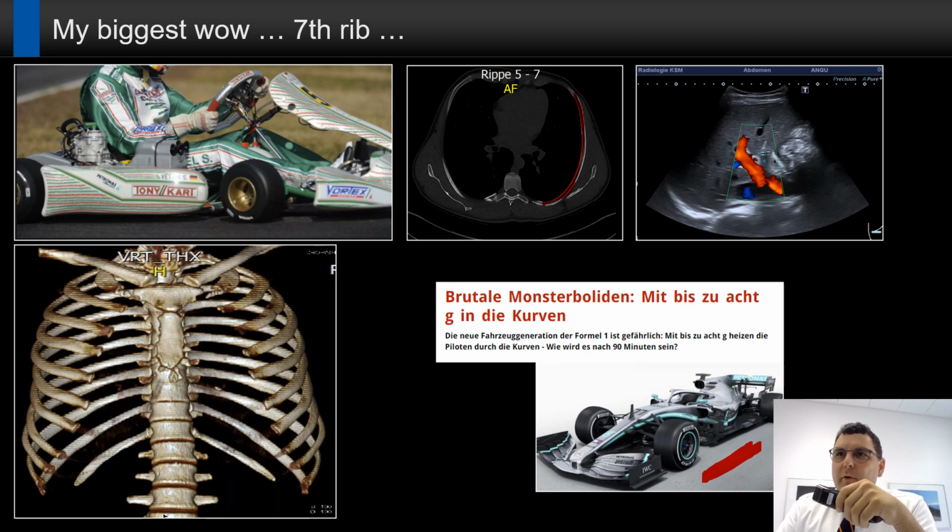You can see it's a Formula 1 race car, and they have a pretty high load when they do this sport, especially when they go around the corners. They have a lot of G-force on their body. So I knew that the patient must be super secure in this diagnosis, and if I don't see a fracture, he will race again the next weekend.